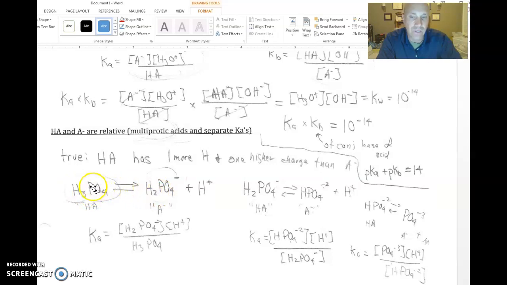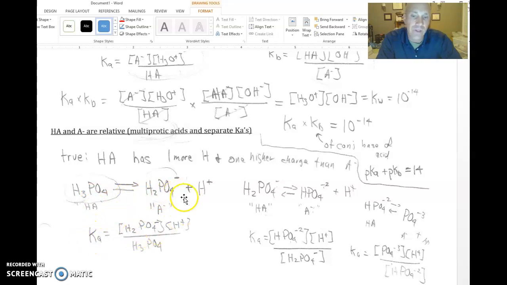Also it has one higher charge: it's neutral, and a 0 charge is one higher than a -1. For this reaction, we could define a Ka, where this would be your A minus and this would be your HA. This particular dissociation would have its own Ka value.